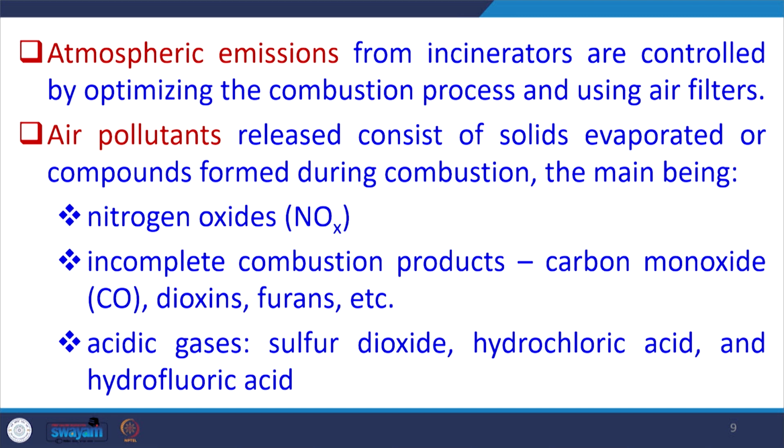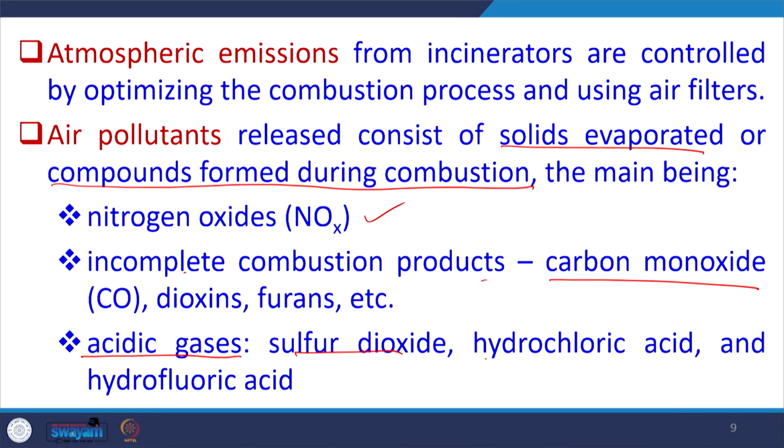Air pollutants released consist of solids, evaporated compounds and compounds formed during combustion, the main being NOx, and incomplete combustion products like carbon monoxide, dioxins, furans, etc. So, they have to be taken care of; this is very important. Then acidic gases may also be released: sulfur dioxide, hydrochloric acid and hydrofluoric acid.